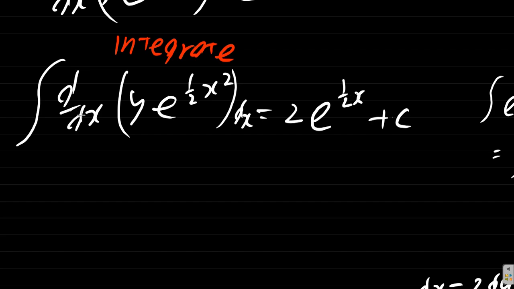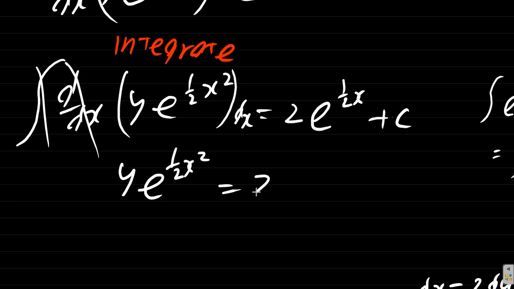Now what does this work out to be? Well, it's as if the integral and the derivative cancel each other, leaving the function undisturbed. So y e to the half x squared is equal to 2e to the half x plus c.